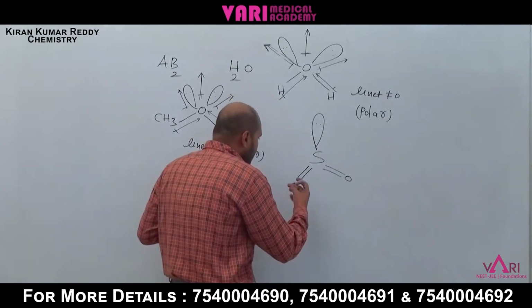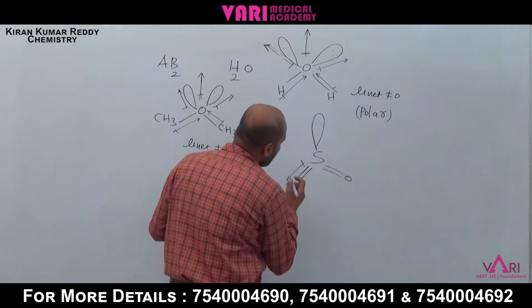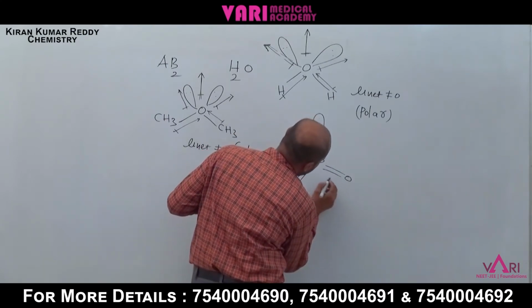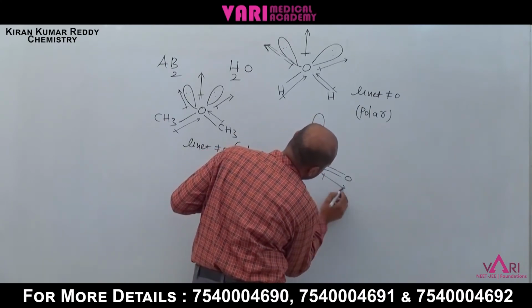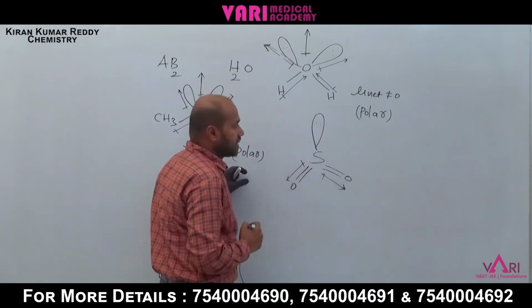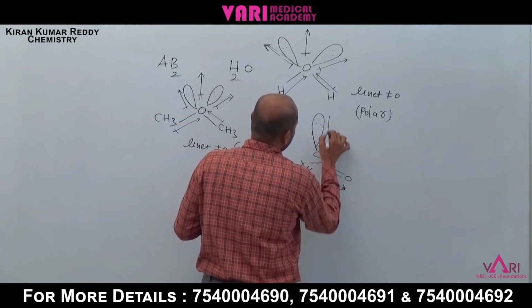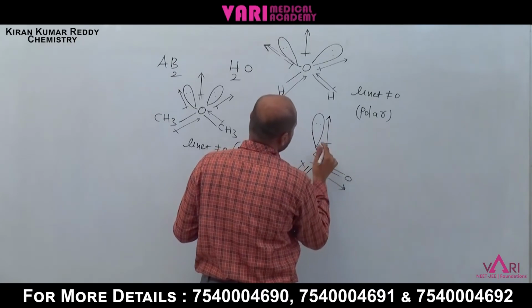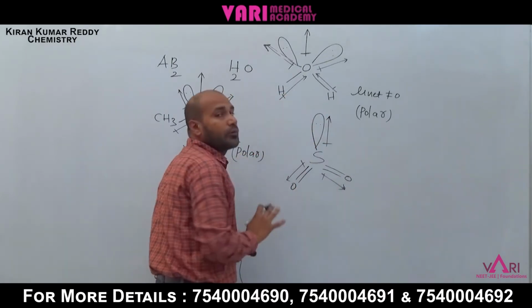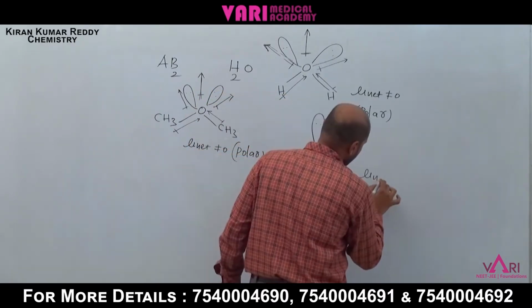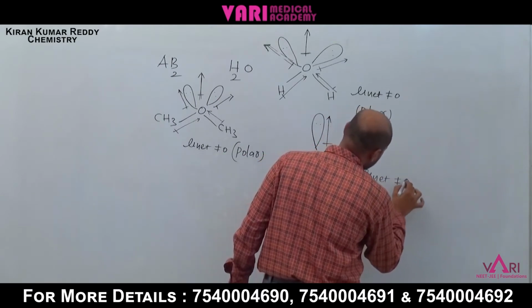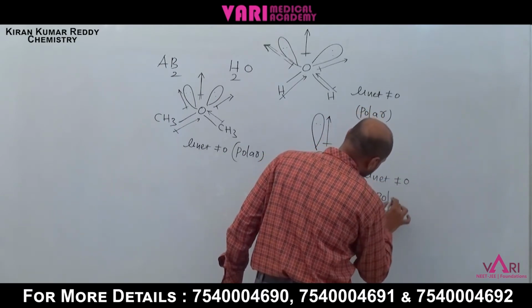That's why here it is from sulfur to oxygen, here also sulfur to oxygen, less electronegative to more electronegative. But here the dipole moment is from sulfur atom to a lone pair. Now mu net is not equal to 0, this molecule will be polar.